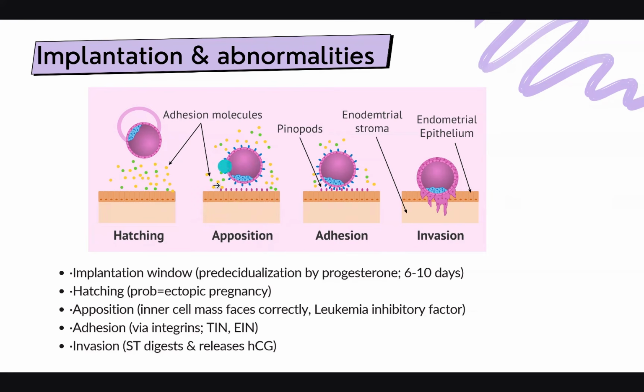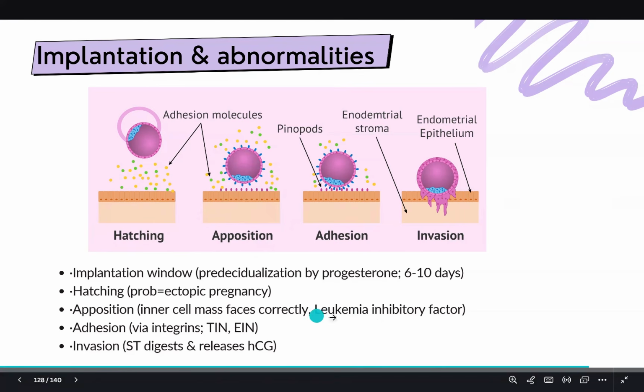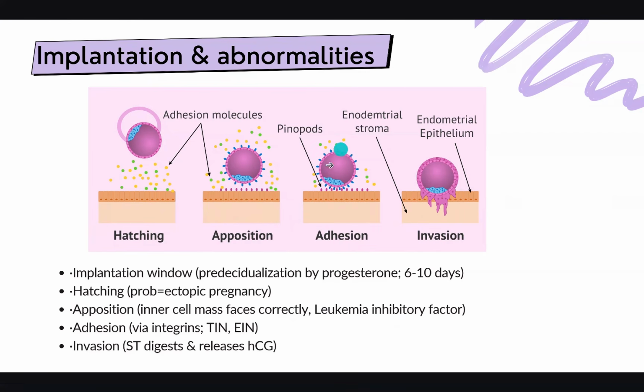Again, for apposition to happen correctly, we have something called leukemia inhibitory factor. This leukemia inhibitory factor is, again, important for apposition. If there's a problem with leukemia inhibitory factor, there's a problem with apposition, and there's a problem with implantation. All right. And then the next stage is adhesion. Now, adhesion is where there is proper connection between the zygote, or the blastocyst, and the endometrium itself.